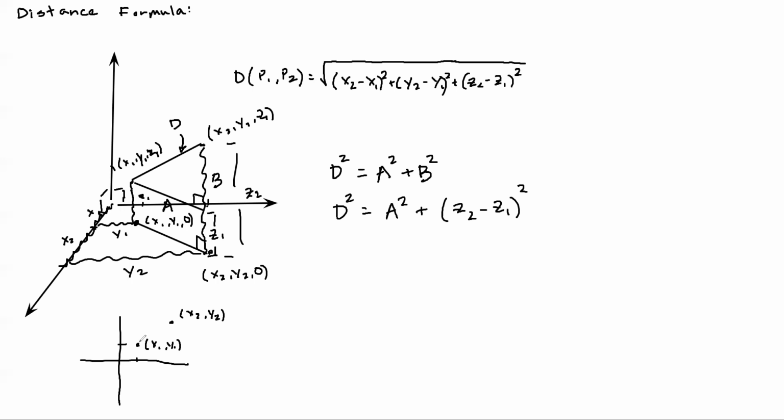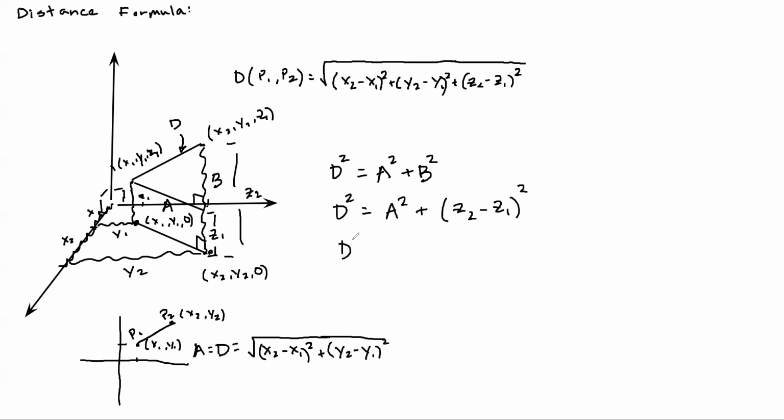We can find the distance between them by using the distance formula in 2 dimensions. If this is P1 and P2, then the distance between those is going to be the square root of x2 minus x1 squared plus y2 minus y1 squared. That's this distance here, and that's the same distance as a, so we know that a equals that.